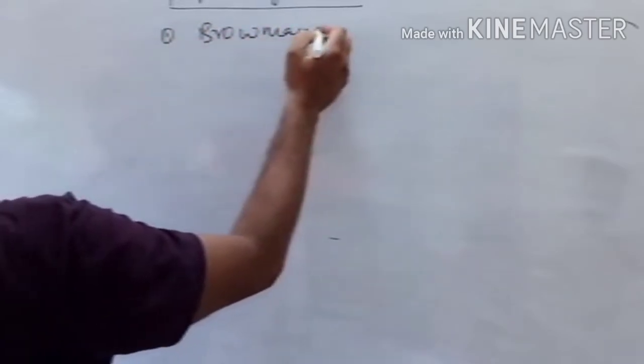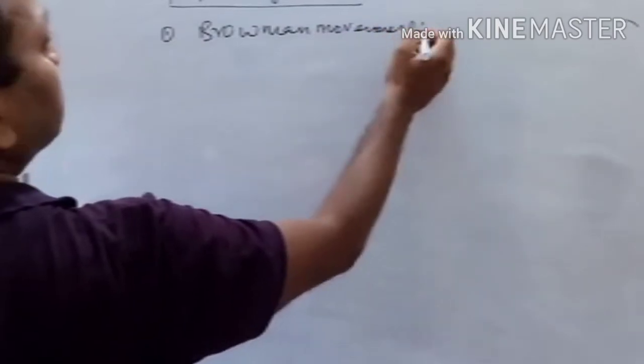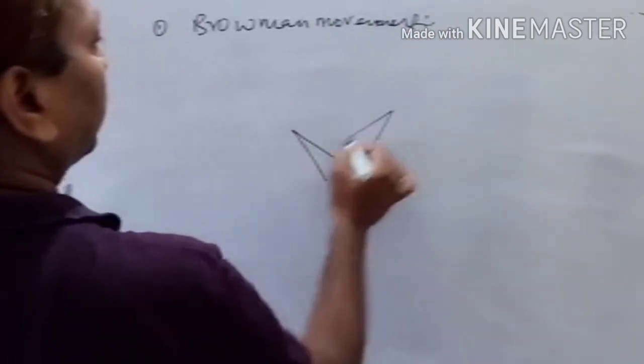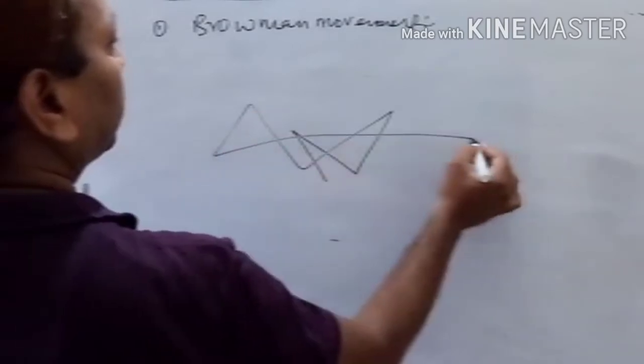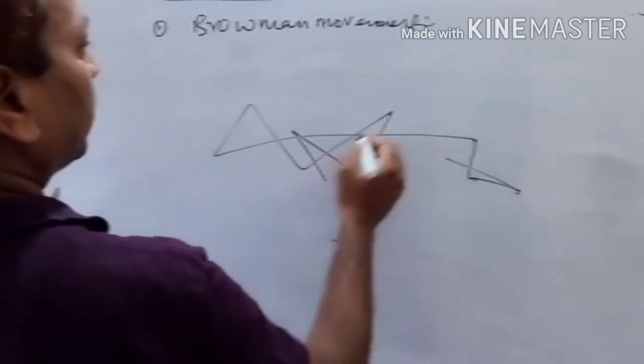Brownian movement. Children, what is this? Colloidal particles are large. You see, these are the colloidal particles, right?